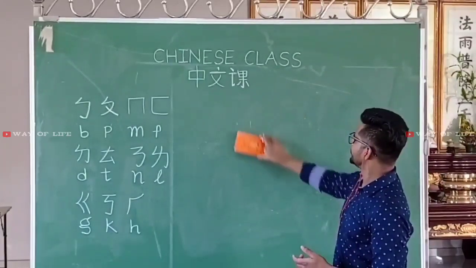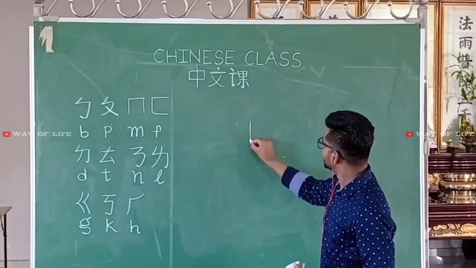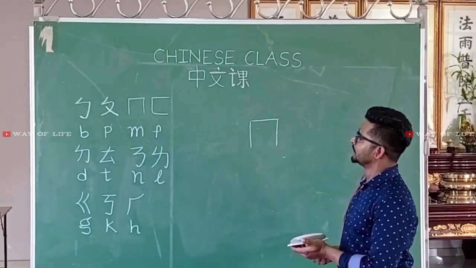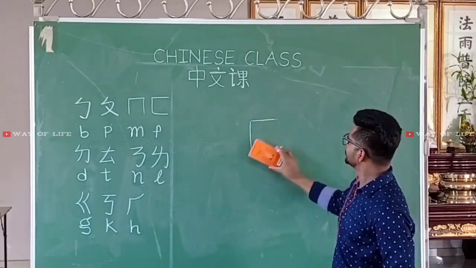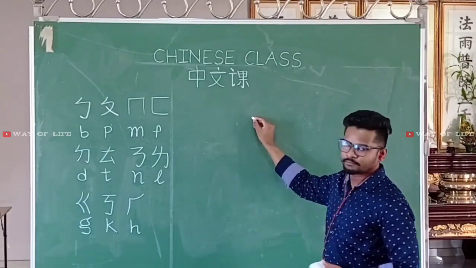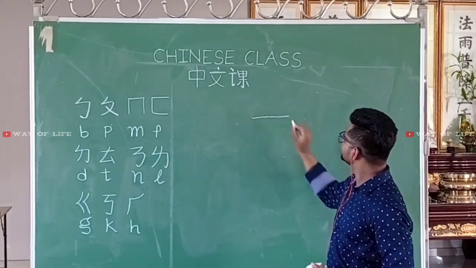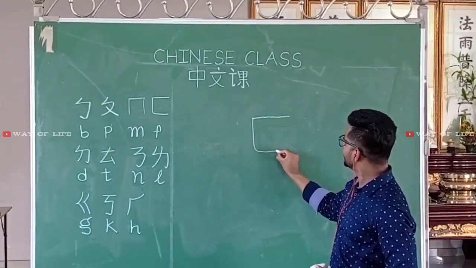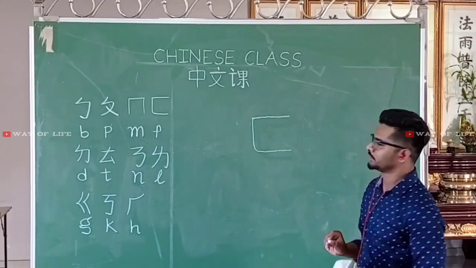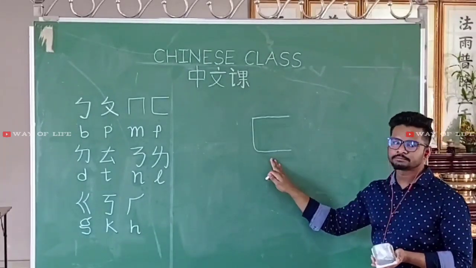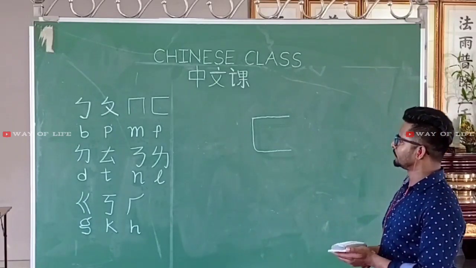One more time I am going to tell you. 1, 2, 3. Similarly, the fourth alphabet, we can write it like this. Follow me. 1, 2 and continue it. This is F.